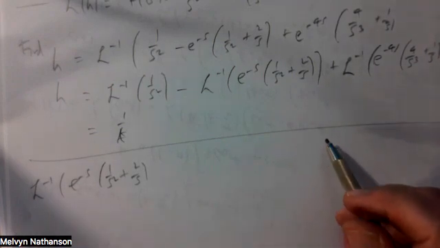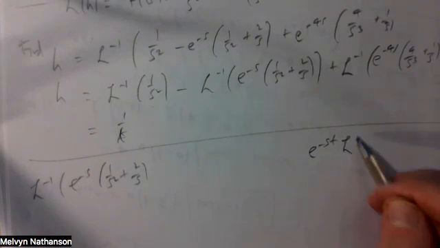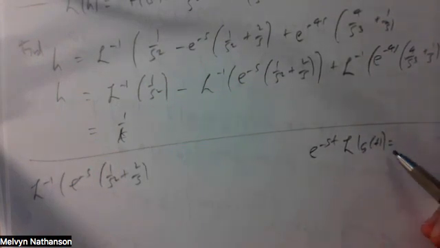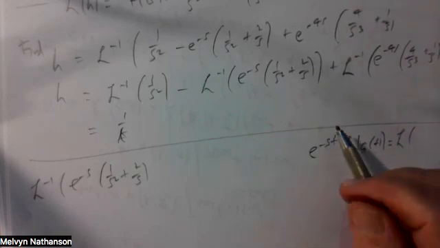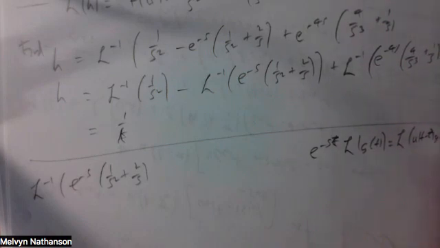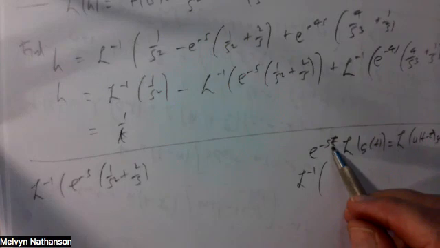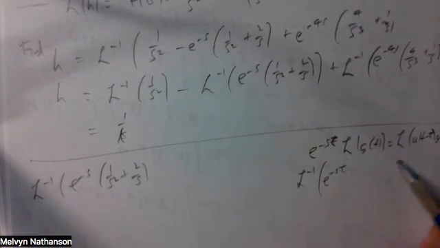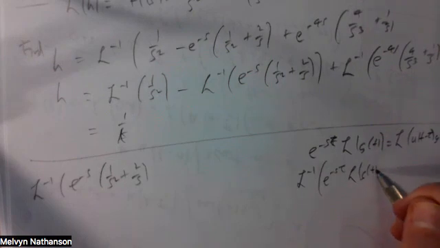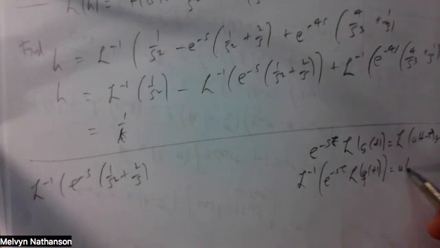The Laplace transform of u of t minus tau, g of t minus tau, is equal to e to the minus s tau, Laplace transform of g of t. So the inverse Laplace transform of something which looks like e to the minus s tau, Laplace transform of g of t, is equal to u of t minus tau, g of t minus tau.